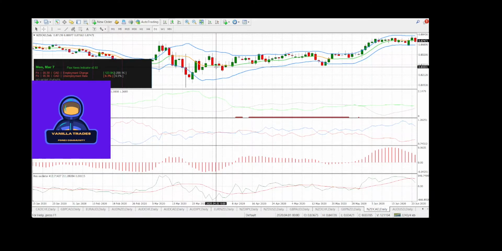This candle. 80 pips. Probably wouldn't have hit take profit. It would have just reversed the other way and hit the stop loss. So I'm going to count this as a loss. One loss.